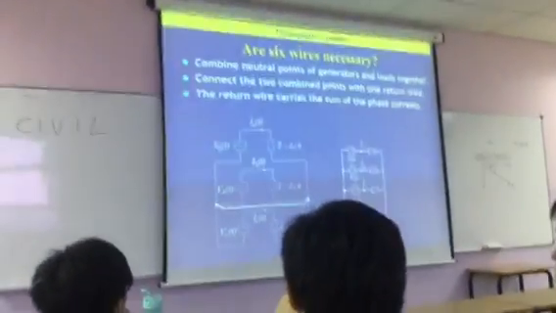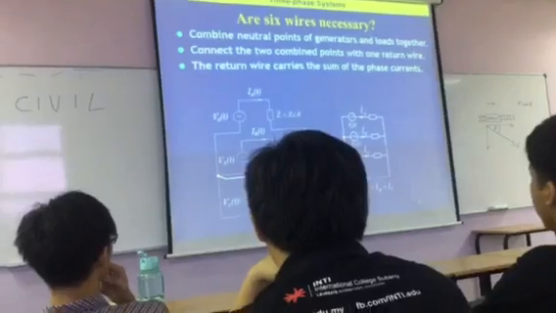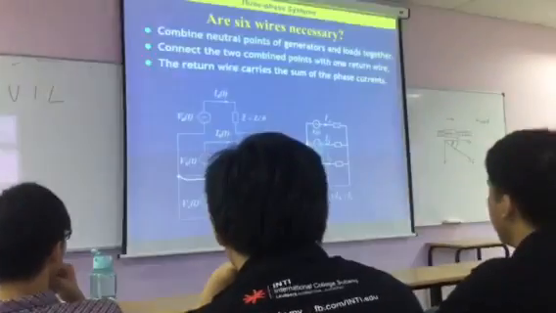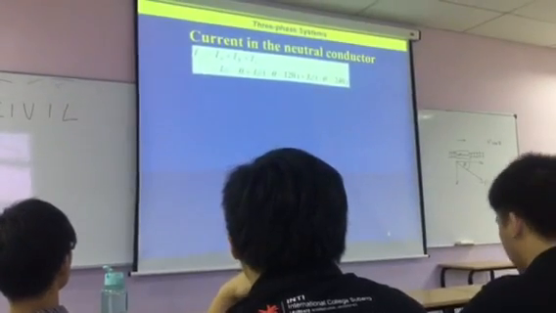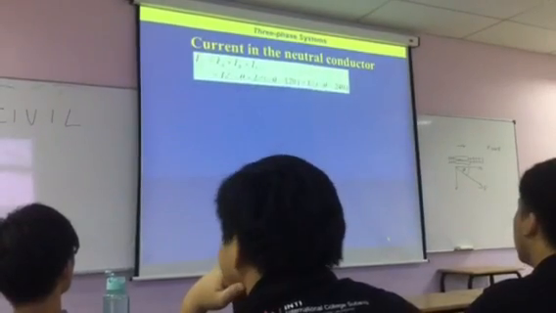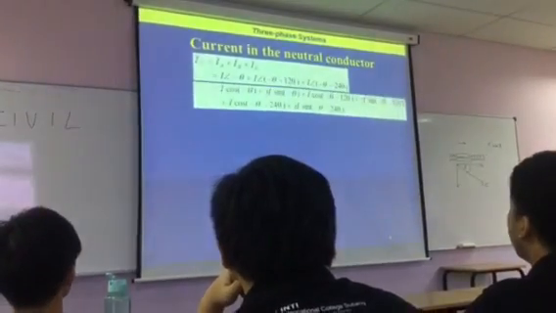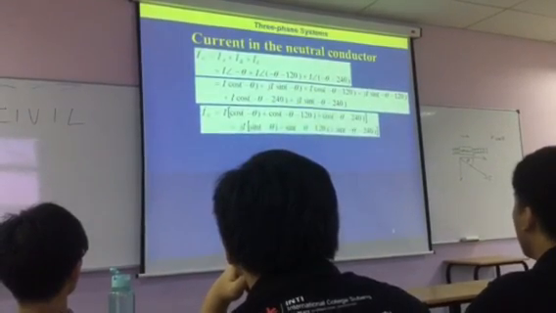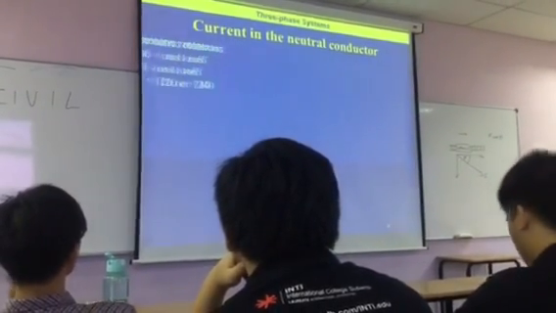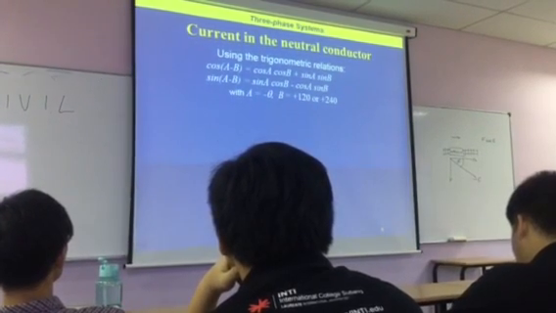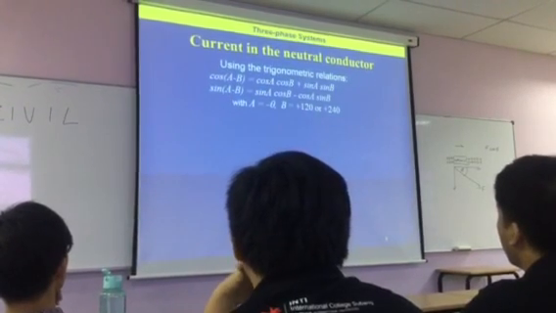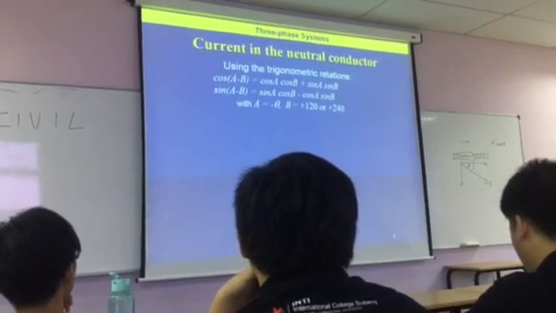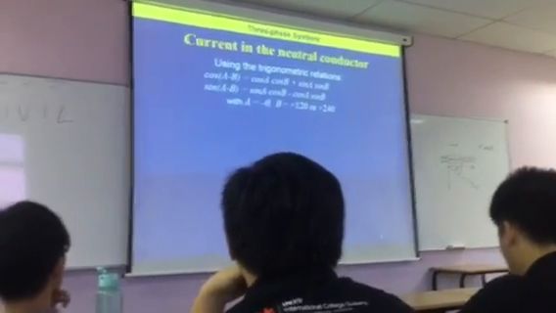If you could always guarantee a balanced load in all cases, you could go down to a 3-wire system, because there would be no current in that bottom line. But practically, we will have a neutral wire somewhere. We've not got enough time, so I'm not going to go through all the maths, but we can work out the current using the trigonometric relations of cos(A minus B) and sin(A minus B), where A and B are those particular angles.